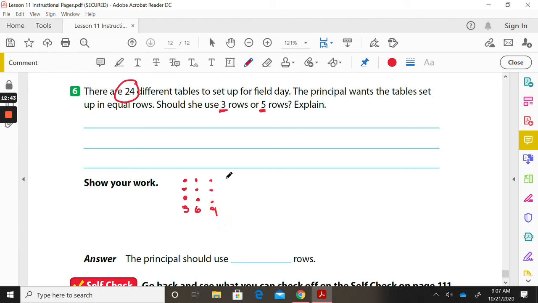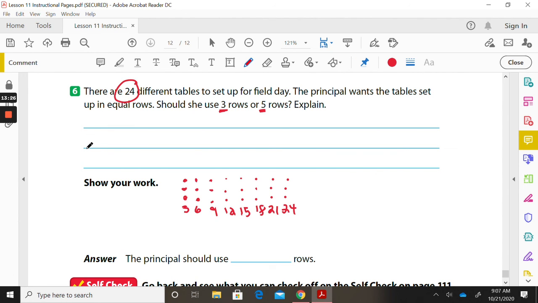And this would be 9, 12, 15, 18, 21, and 24. This would actually work. We could have 1, 2, 3, 4, 5, 6, 7, 8. We could have 8 different rows of 3 tables.